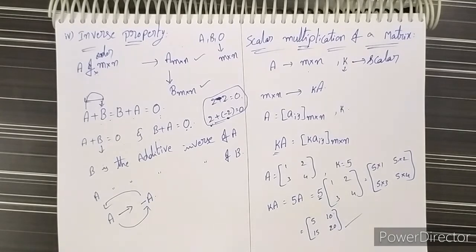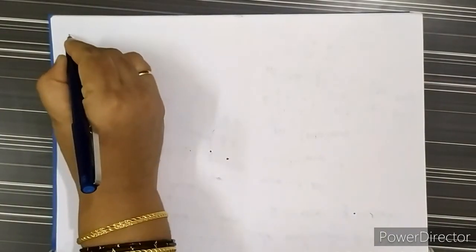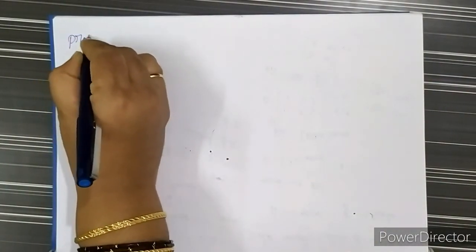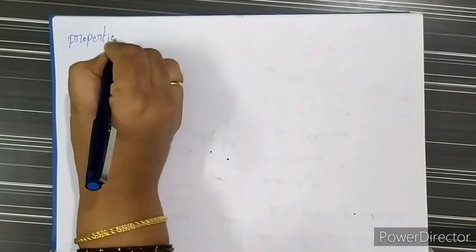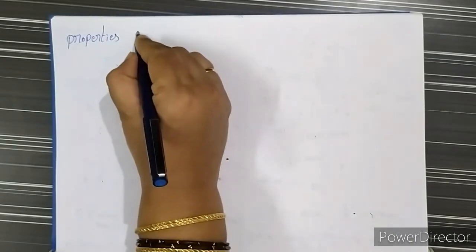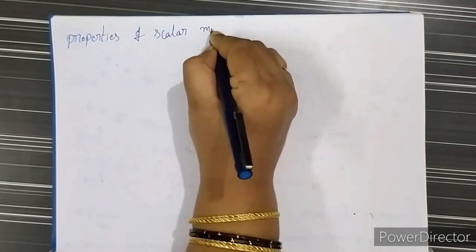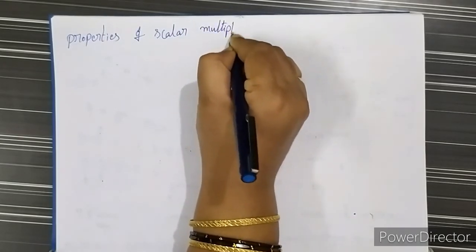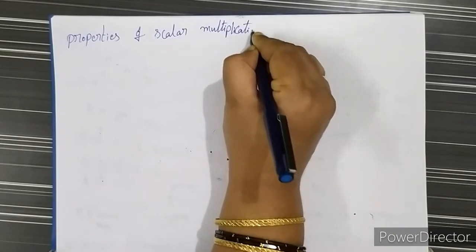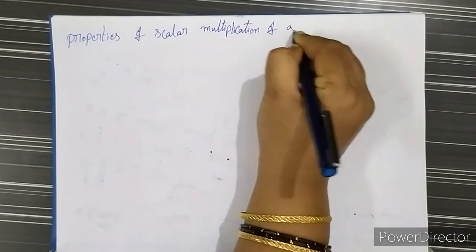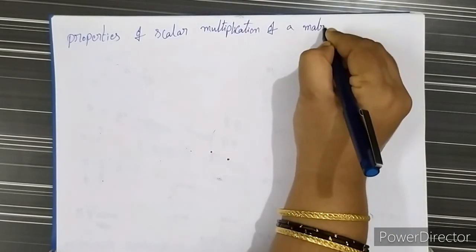Next, we can write down the properties of scalar multiplication of a matrix.